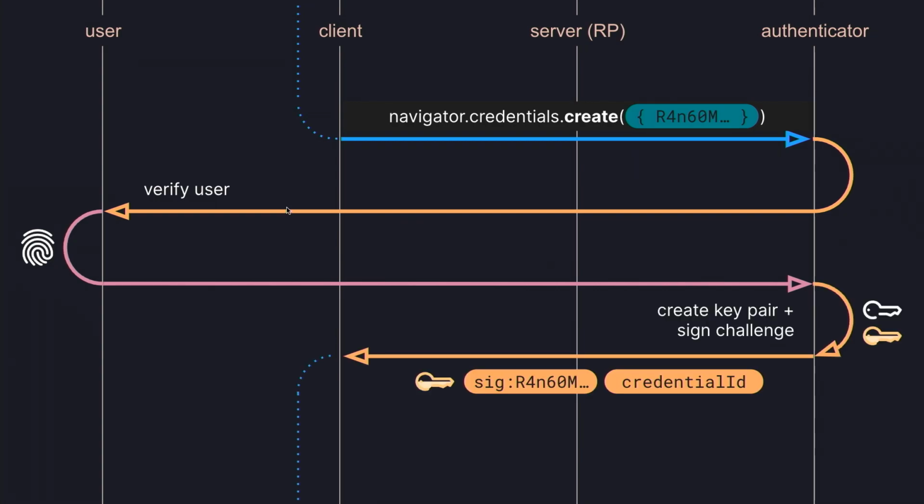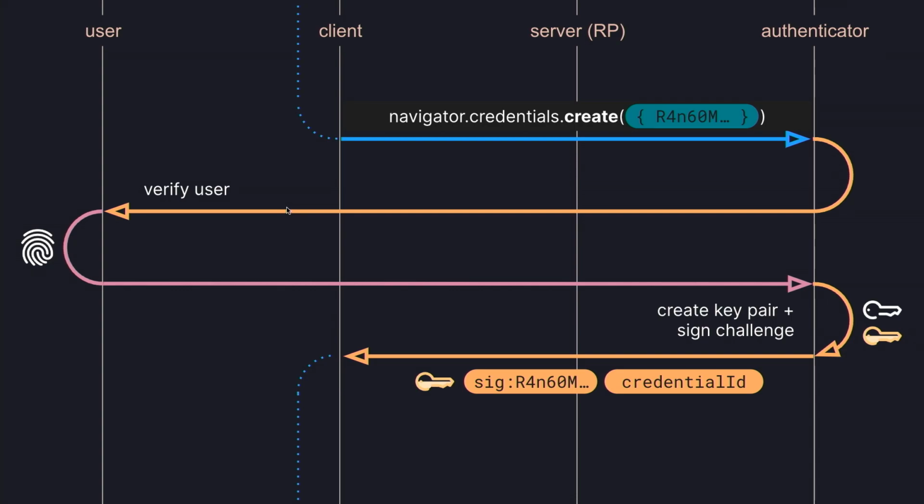If you can successfully verify, like if you successfully put your finger on there and your fingerprint is accepted, the authenticator, which again is the cryptographic capability that you have, creates the key pair, so the private key and the public key. And it associates that exclusively with the relying party, so with your server. The private key is stored on the user's device inside the TPM if you're on desktop, or the secure enclave if you're on mobile.